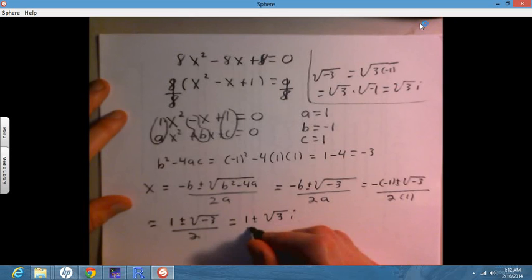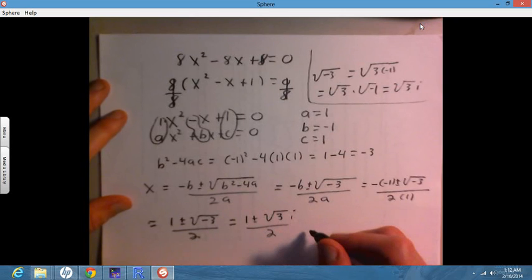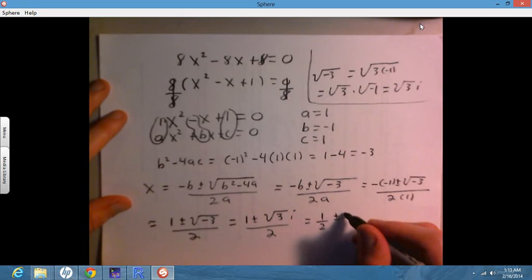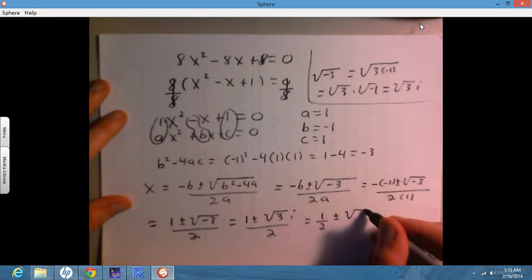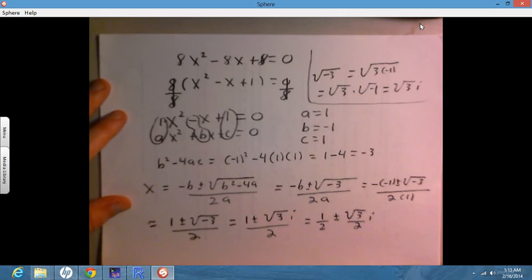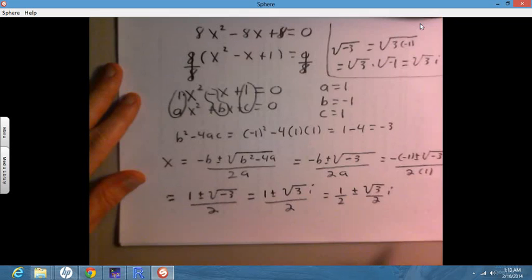So then I have two possible solutions. This is going to be equal to 1/2 plus or minus the square root of 3 over 2 times i. Of course, because the denominator is the same, I can add or subtract the numerators to get this back, right? So these are the same.